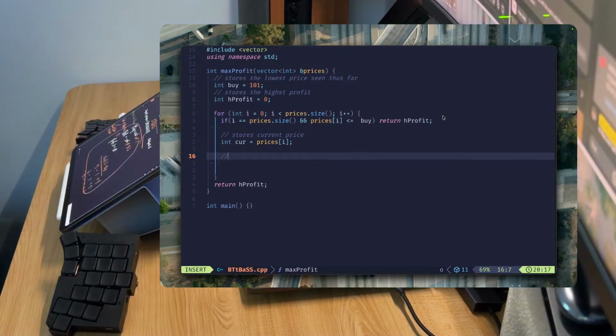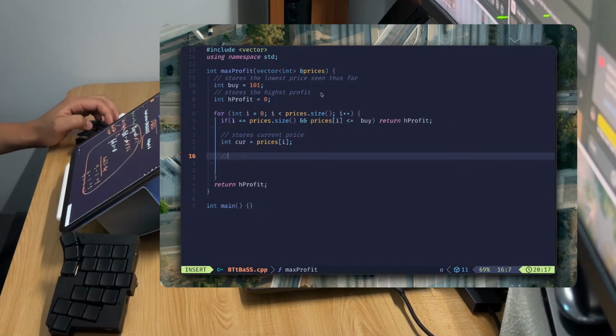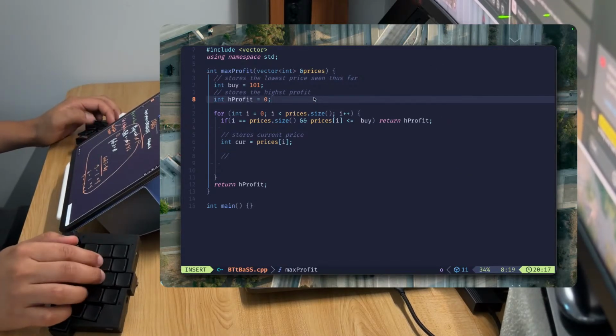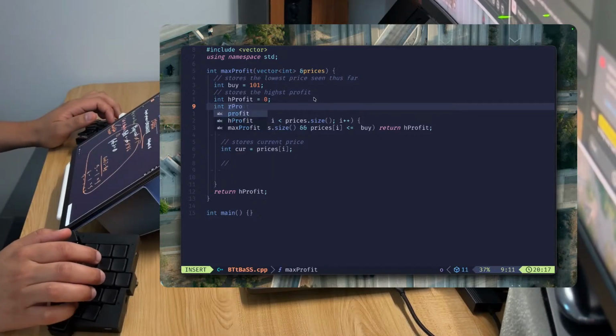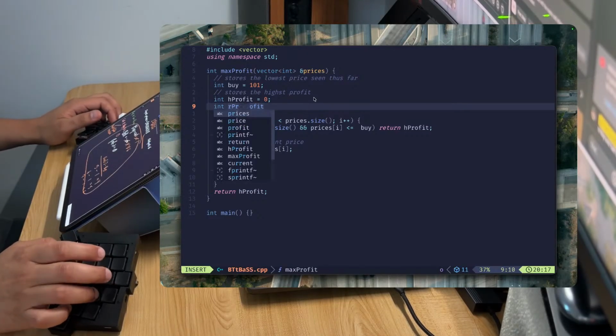So maybe we want to save the highest profit, so H profit, and then we want to save like running profit or something, I don't know. Or current profit or whatever.